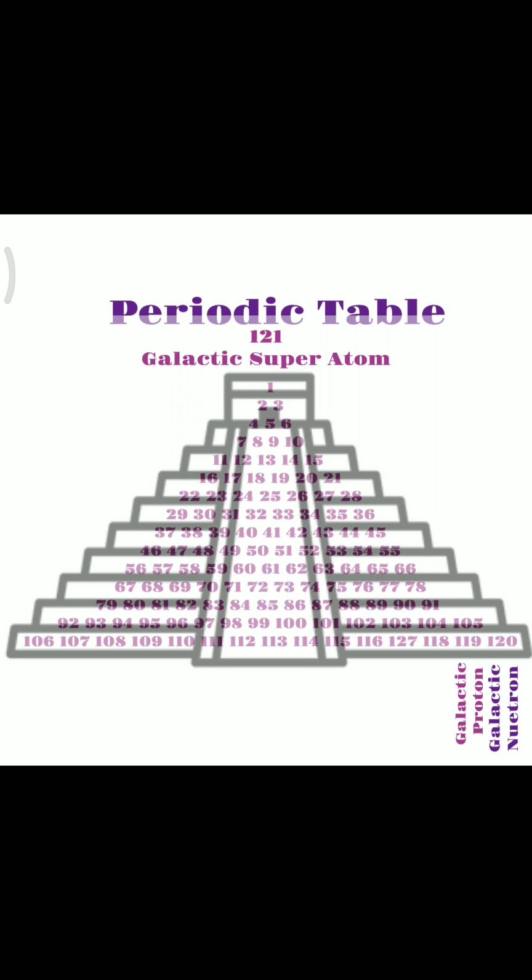Then all these 9 floors will be totally utilized, each with 13 steps. 13 into 9 is 117, meaning element 117 would be naturally available when Neptune also becomes a regular planet like our Earth.